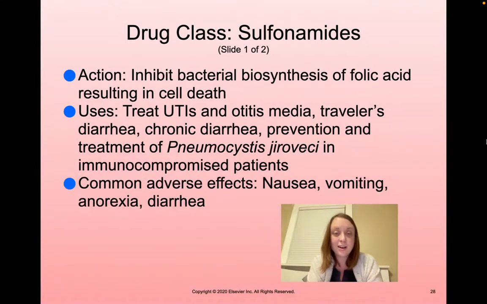Sulfonamides are a class of antibiotics that you're going to come across pretty frequently. And they work by inhibiting the bacterial biosynthesis of folic acid, which then results in the cell death of the bacteria. We use them for treating UTIs, otitis media, which are ear infections, traveler's diarrhea, chronic diarrhea, and they're also good for the prevention and treatment of Pneumocystis jirovecii in immunocompromised patients. Some common adverse effects we see, though, are nausea, vomiting, anorexia, and diarrhea.